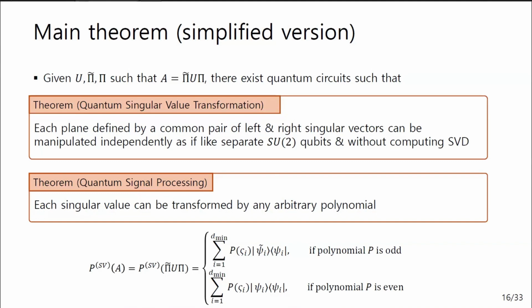And the second box, theorem QSP, quantum signal processing, says that its singular value can be transformed by any arbitrary polynomial. By combining these two theorems, we can conclude that we can transform singular values by any arbitrary polynomial independently. I mean, when we do the manipulation, different singular values do not affect each other.